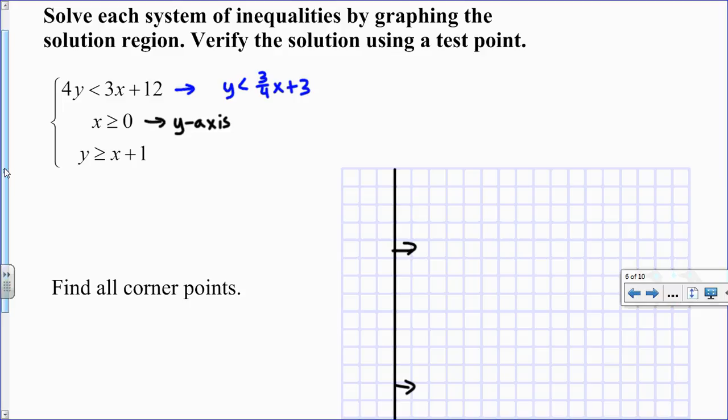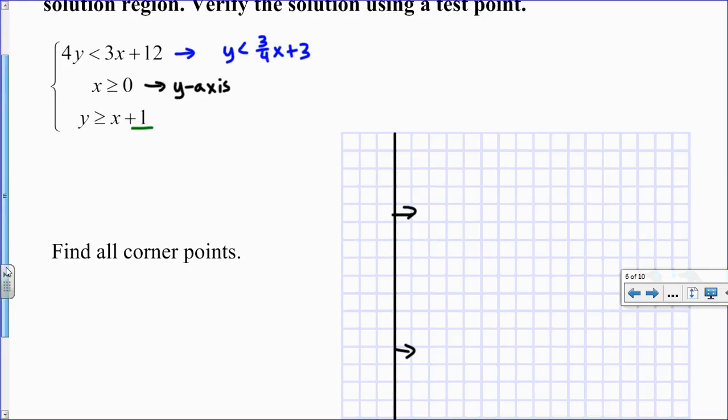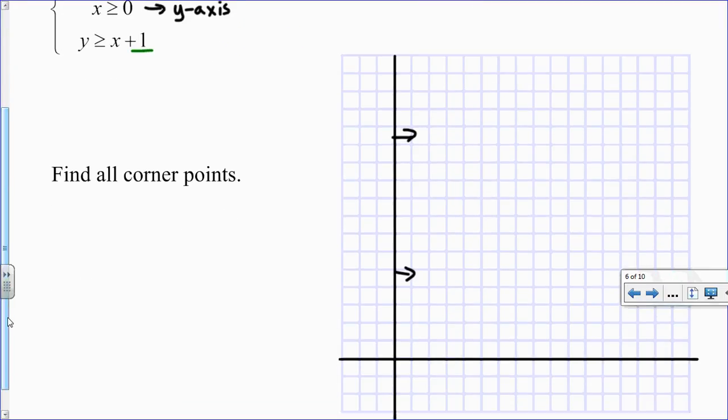My third line is already in slope-intercept form. My y-intercept is just 1. So my scale, I can just count by ones. That would go to 17 there, and 17 again.